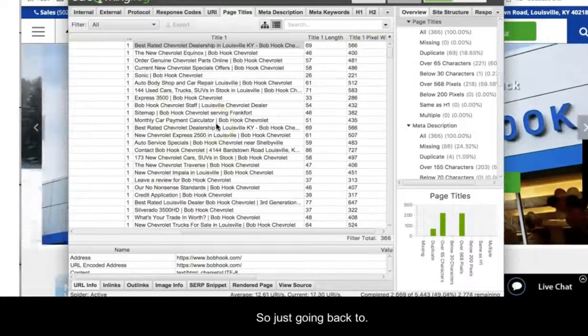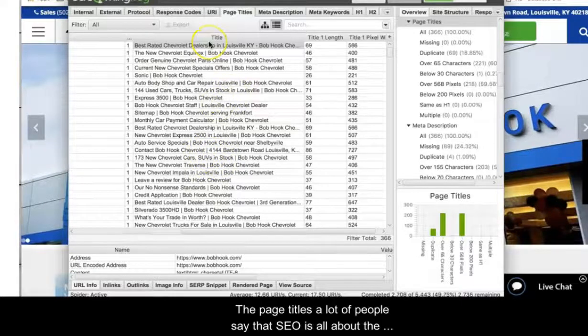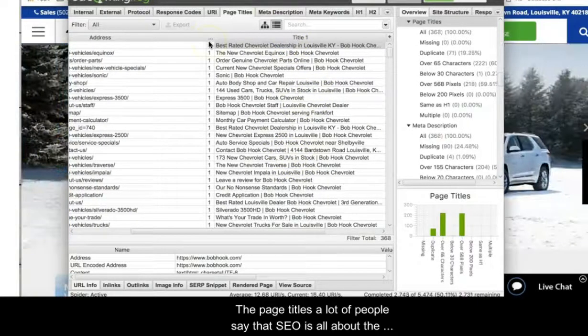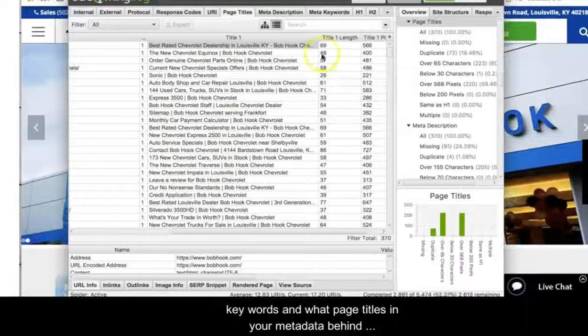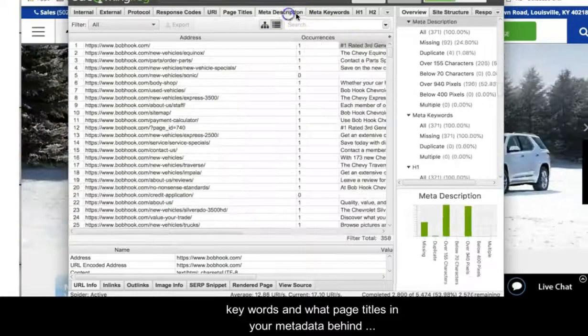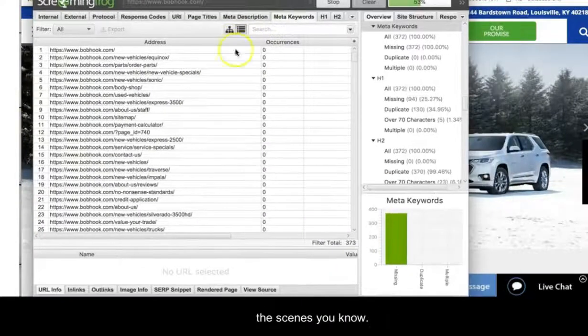So just going back to the page titles, a lot of people say that SEO is all about the keywords and page titles and your metadata behind the scenes.